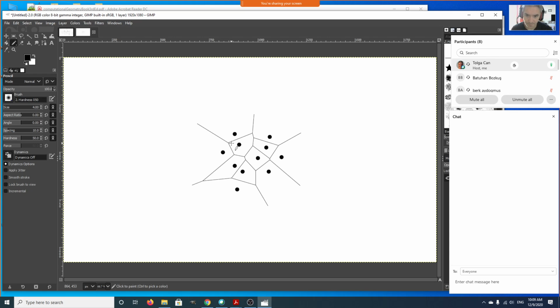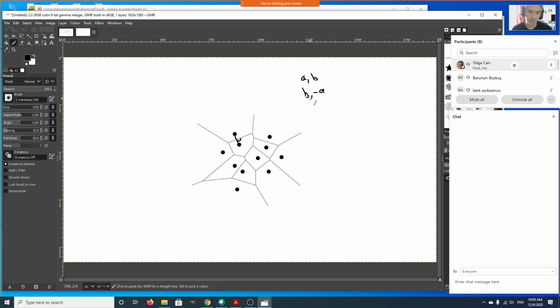Okay, so the bisector is, you just connect these two, form a line segment, and the slope of the bisector is 90 degrees from it. So if you know the direction from here to here is, for example, B minus A, that's going to be the direction of the bisector.